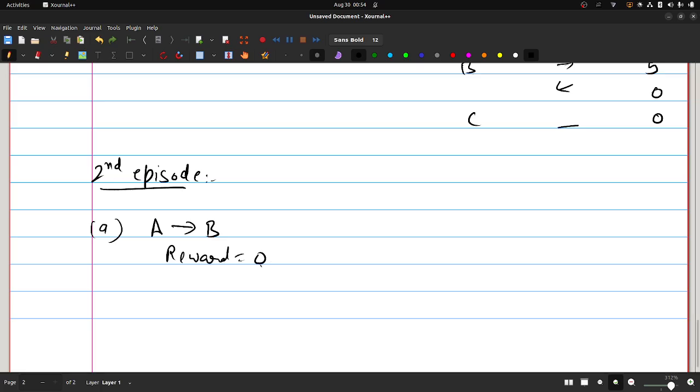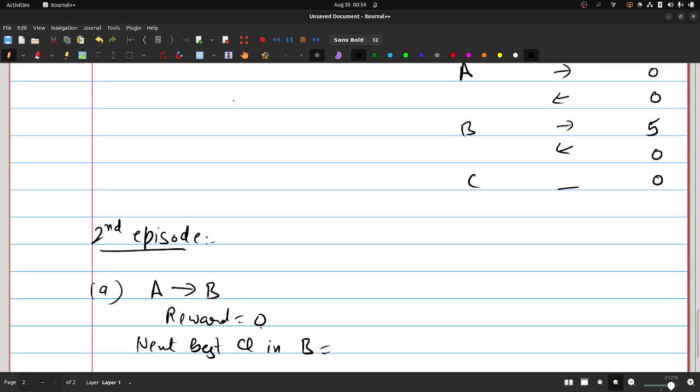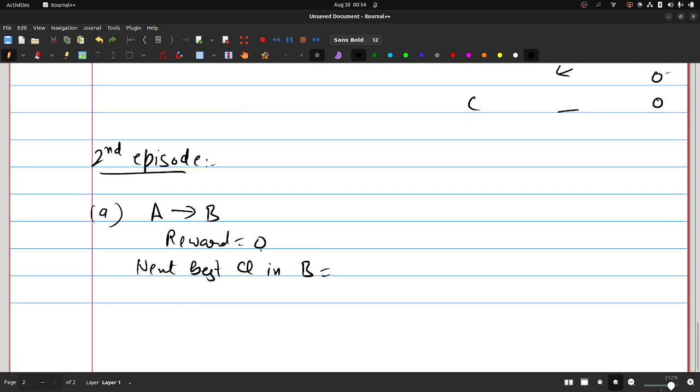So what is the next best Q in B? In B, it is the max of 5 and 0, which is nothing but 5.